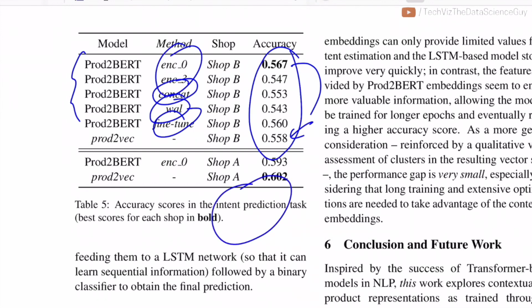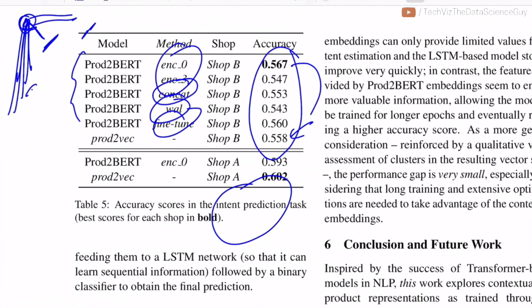So one of the hypotheses that the researchers make in this paper is that probably prod2BERT performs really well in the NEP task because the behavior of the task is more or less like MLM, where you mask out something and predict it based on other things that occur in its context. Although in MLM, apart from the cases where the last token is just masked, you consider bidirectional context for making this prediction. And in the next event prediction task, you specifically just mask out the last token and make the prediction based on the tokens that are to its left.